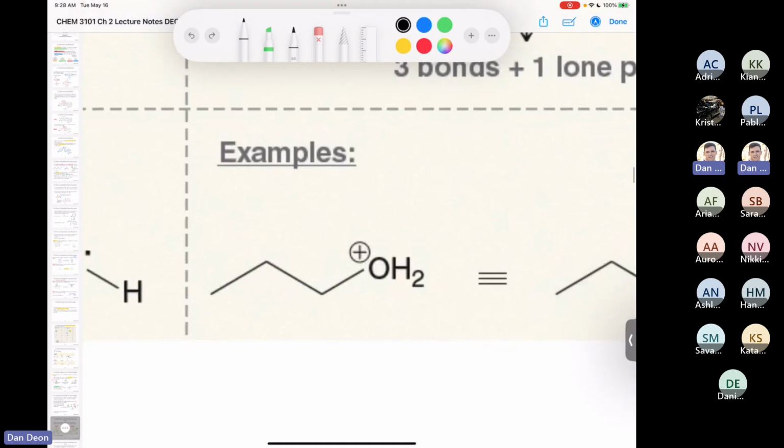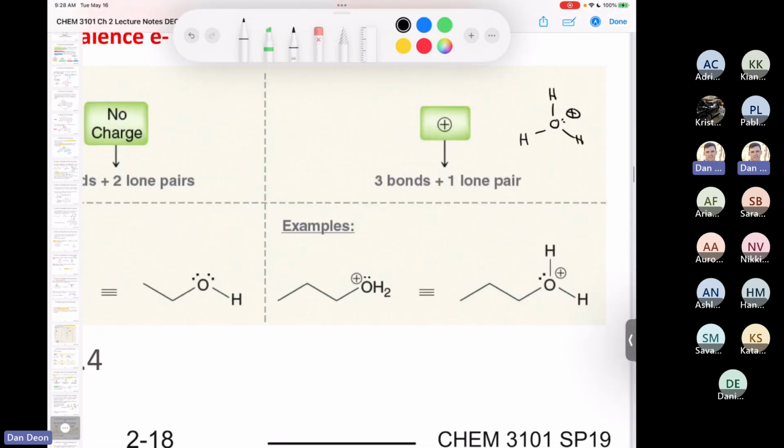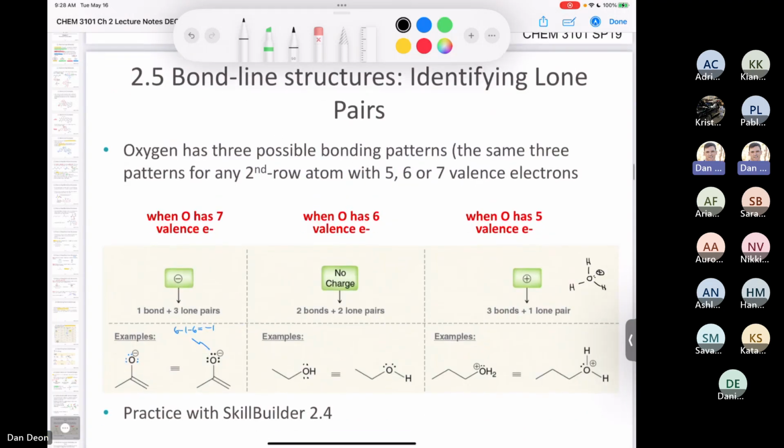So again, it's implied that this oxygen here has 1 lone pair, but we can leave it out. But I recommend that you put in all the lone pairs in everything that you're drawing moving forward. So those are the possibilities for oxygen. When oxygen has 3 lone pairs and 1 bond, it has a -1 charge. When it has 2 bonds and 2 lone pairs, it's neutral. And when it has 3 bonds and 1 lone pair, it has a +1 charge.